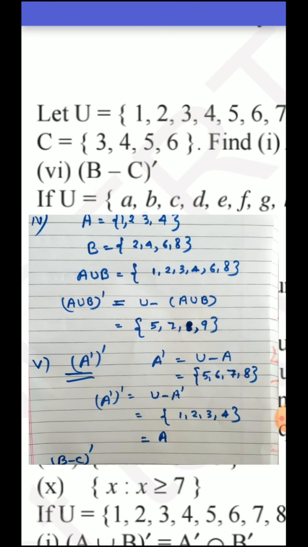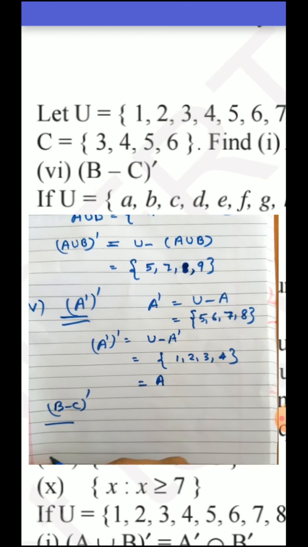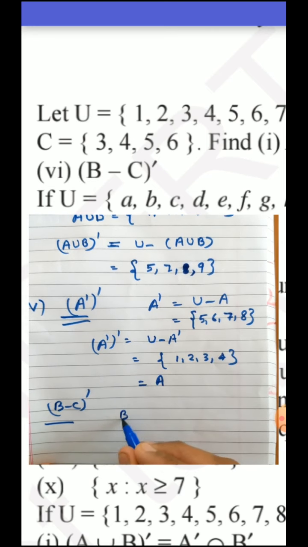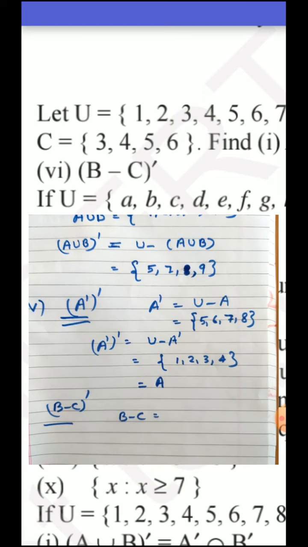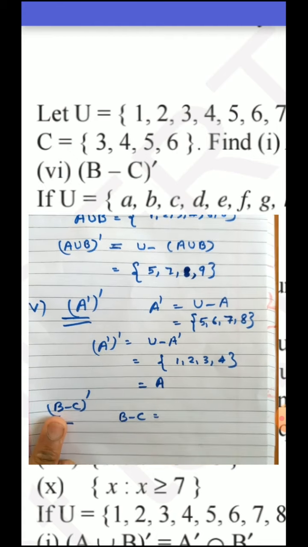So for this, at first you will find out B minus C. B minus C equals, you will ignore the elements of B which are also in C. Means only the elements of B you have to write.